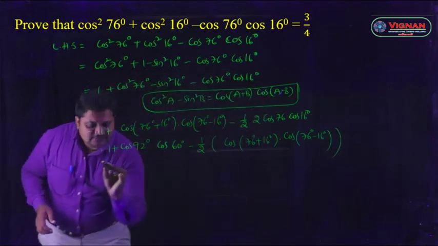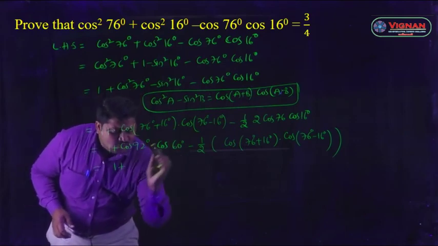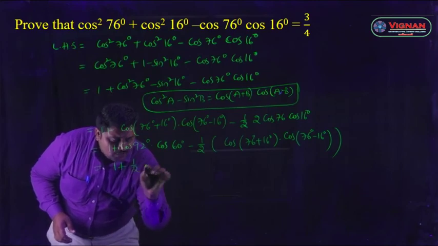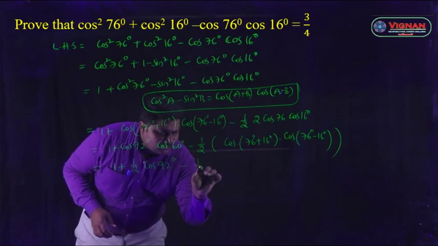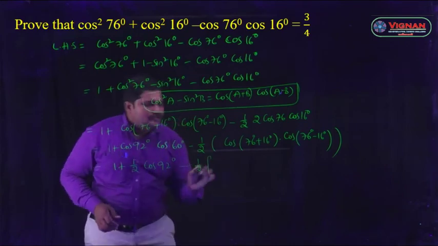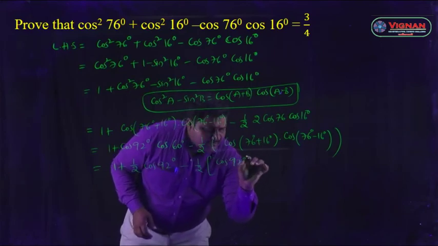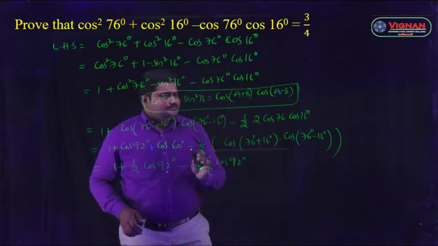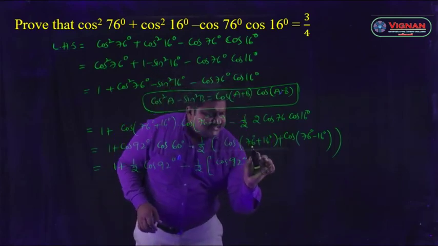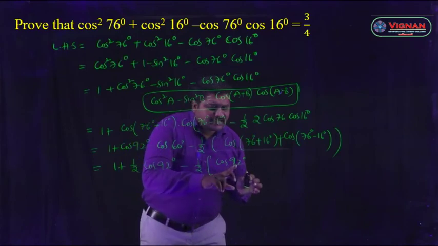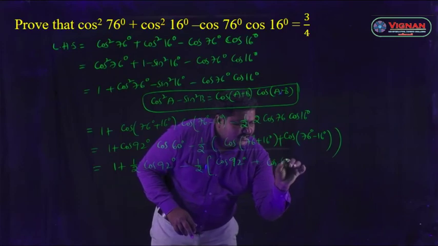Next step is here 1 plus, here cos 60 is equal to 1 by 2, then we get 1 by 2 cos 92 degrees minus 1 by 2 into 1 by 2 into cos of 76 plus 16, 92 degrees, plus cos 60 degrees.